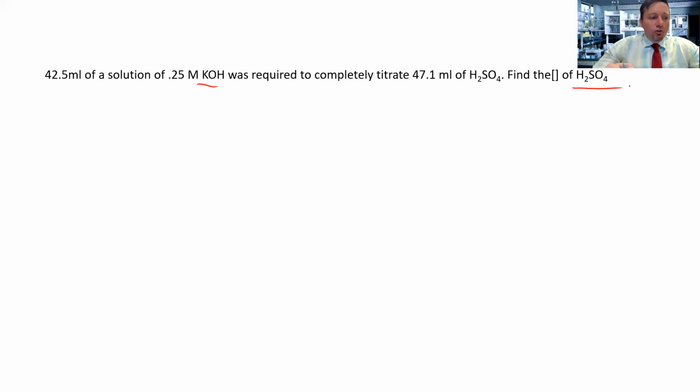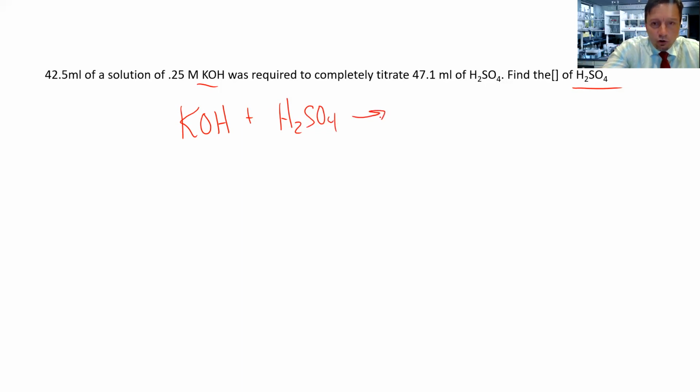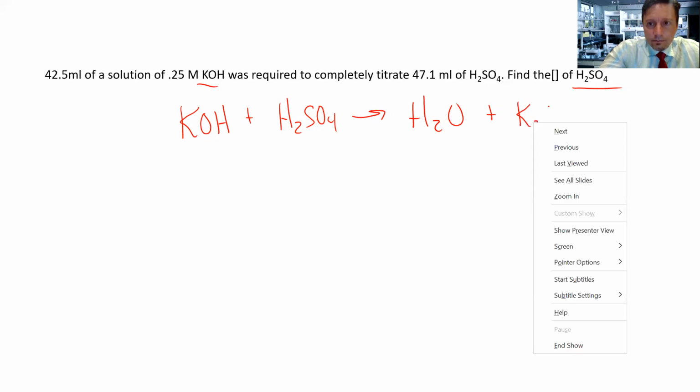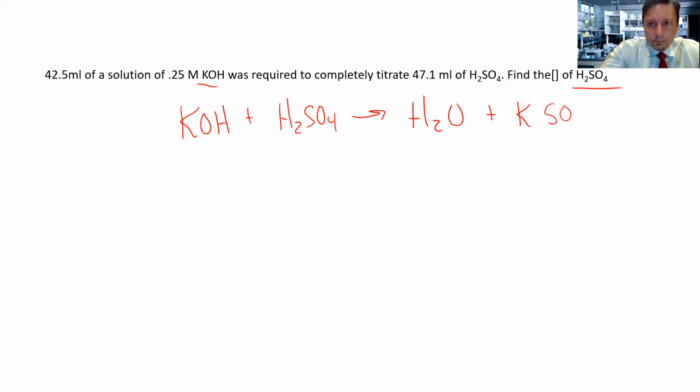All right, so let me talk on here a second. First off, always write down my balanced chemical equation. So I have my potassium hydroxide plus sulfuric acid reacting to form water plus potassium sulfate.